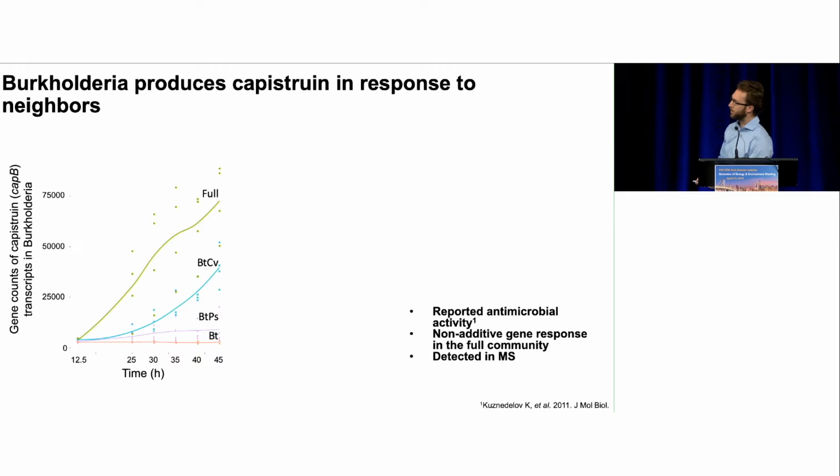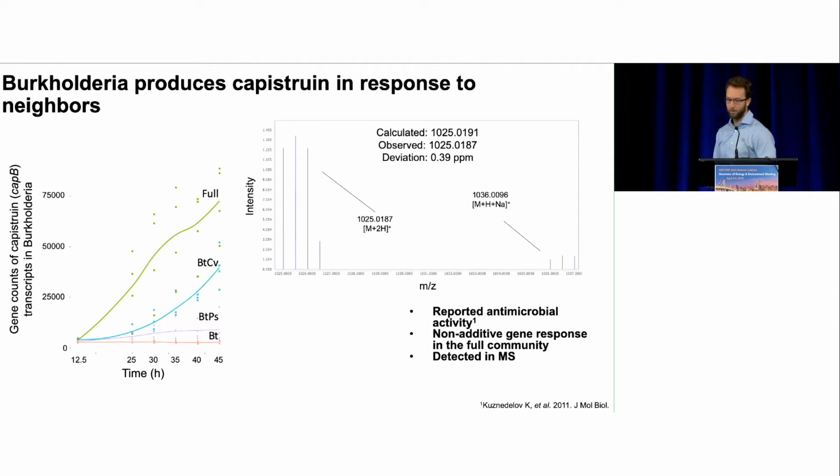What we notice is that this is not expressed at all when alone, but when with neighbors, this starts to be upregulated. What's interesting to us as well is this non-additive effect. If you were to make the naive assumption that in the full community it would simply be the summation of the two pairwise, we see an even increased amount of transcription. So it almost seems like the full community is becoming even more competitive.